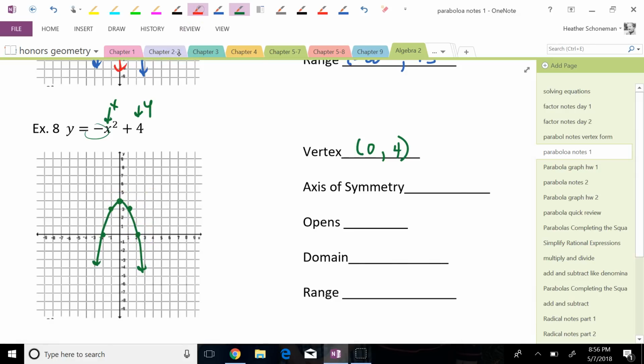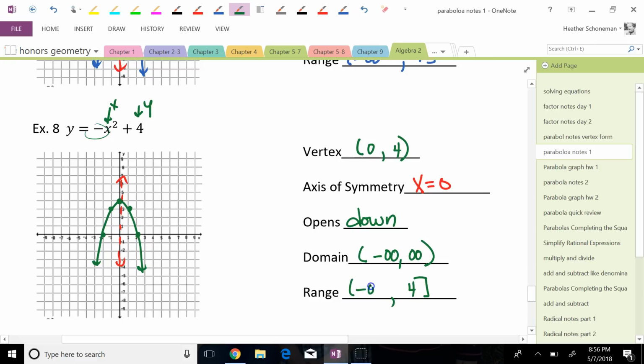Here's our parabola. Here's our axis of symmetry, which is going to be x equals 0. It opens down. The domain on everything is the same today. The range, going from the bottom up, touching, touching, touching, stops at 4. It starts at negative infinity and works its way up.